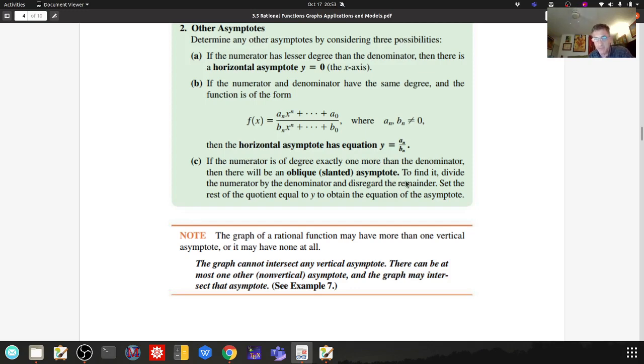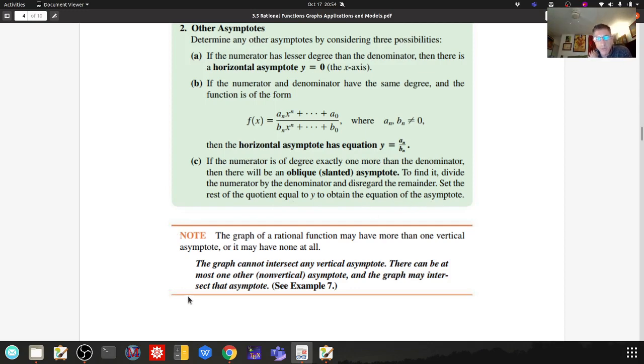It's a non-zero slope. It's a slanted line, not a horizontal line and not a vertical line. Remember, vertical lines don't have defined slopes. So to find it, divide the numerator by the denominator and disregard the remainder. So that's going to require polynomial division. Set the rest of the quotient equal to y to obtain the equation of the asymptote.